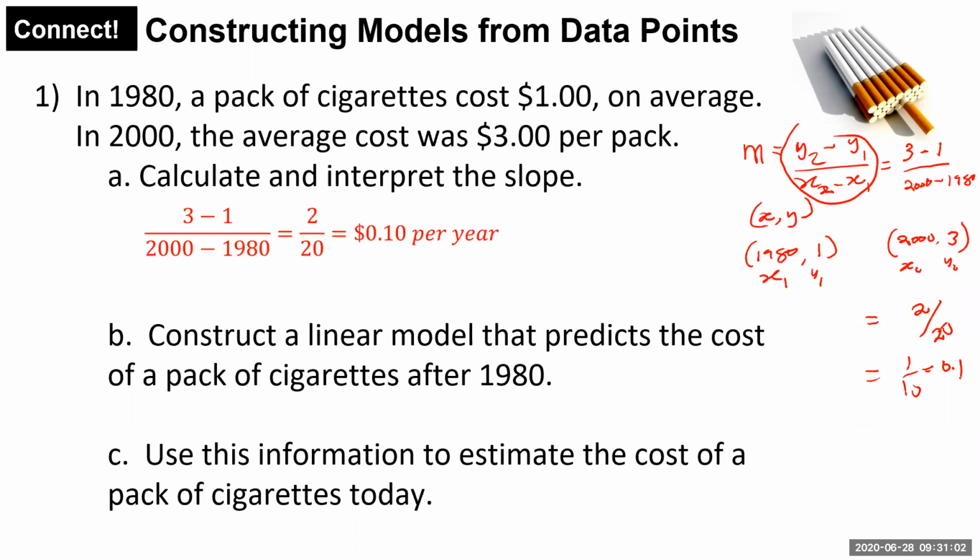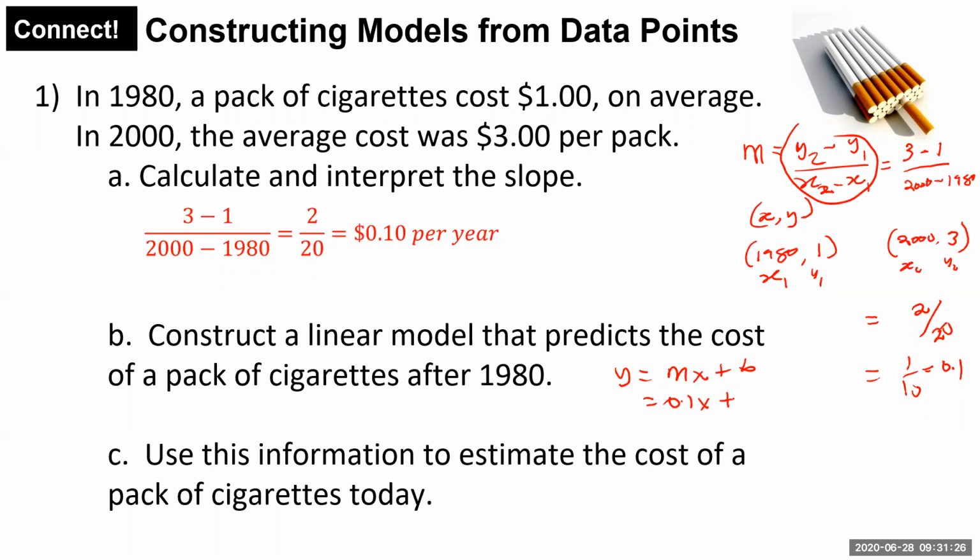Now it says construct a linear model that predicts the cost of a pack of cigarettes. To construct a linear model, you have to do this in this form, right? You already have your m to be 0.1, and then you attach your x. Now what is your b?